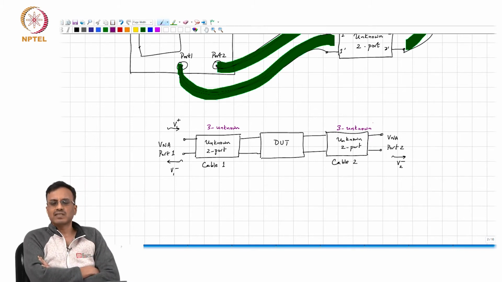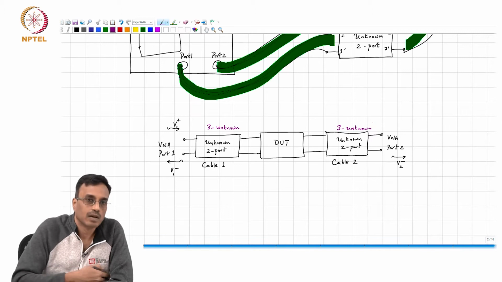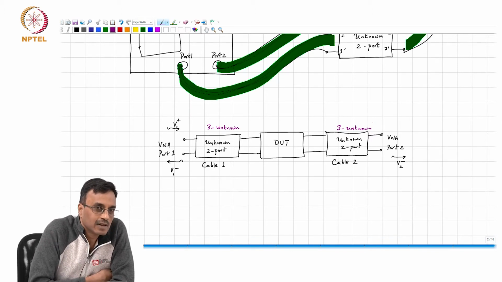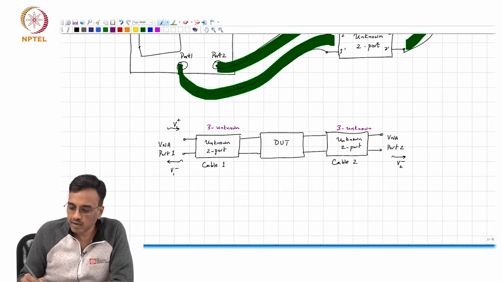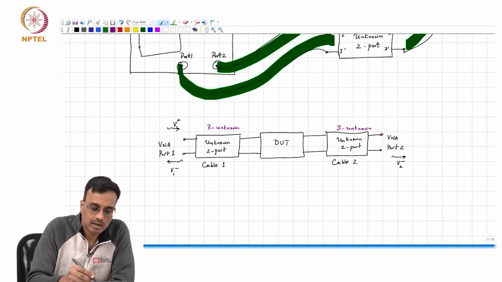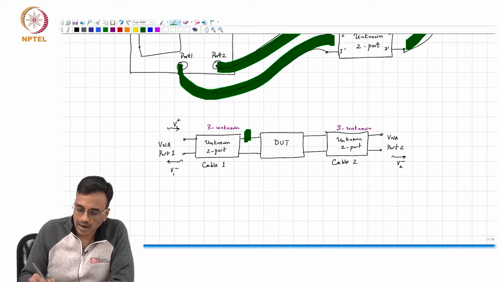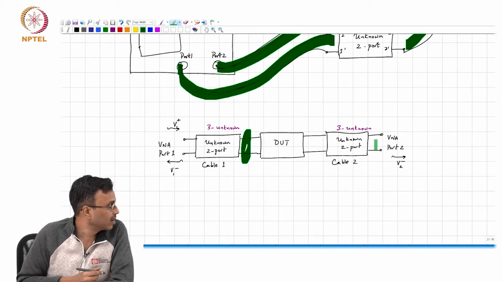Six standard devices. Pardon? Exactly. The straightforward approach is to get rid of the DUT and calibrate. You assume that the rest of the circuit doesn't exist.